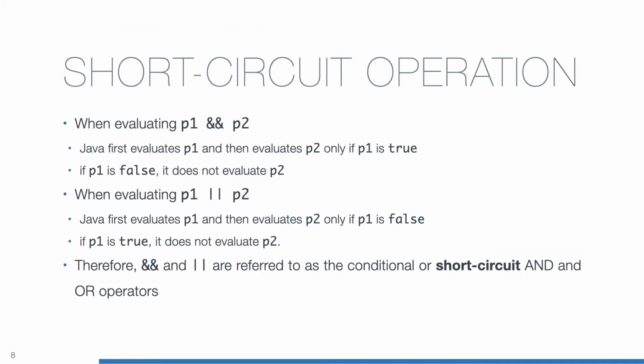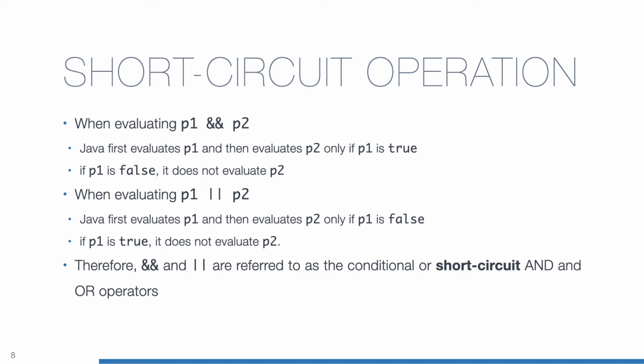Let's take a moment to discuss short circuit operation. When you're evaluating the and and or operators in Java, they operate in a short circuit fashion. What that means is that when you're evaluating them from left to right, the expression will exit as soon as it is able to determine that it knows the end result.